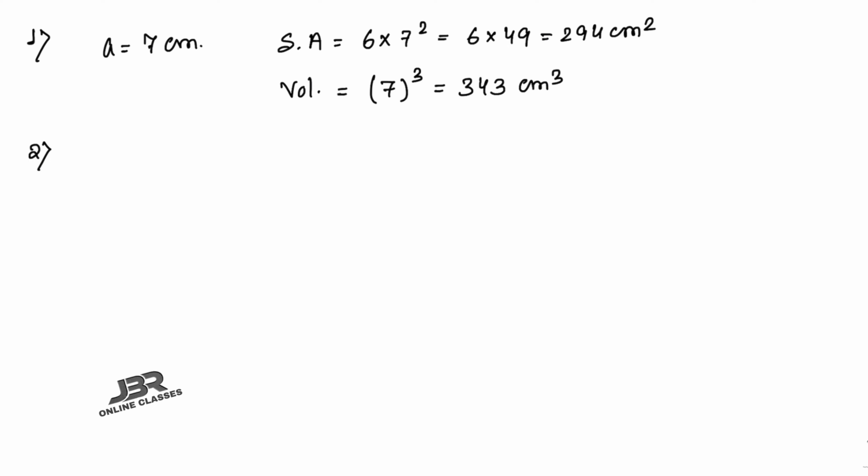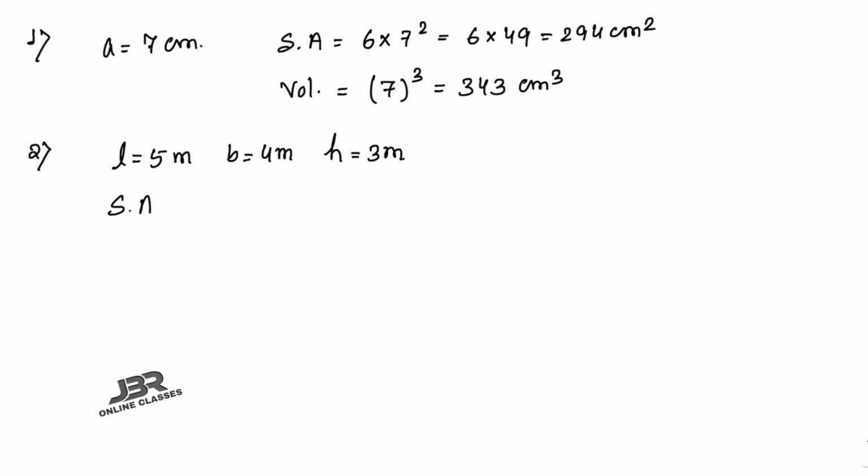Number 2. Find the surface area and the volume of a rectangular solid measuring 5 meter, 4 meter and 3 meter. So length equals 5 meter, breadth equals 4 meter, height equals 3 meter.